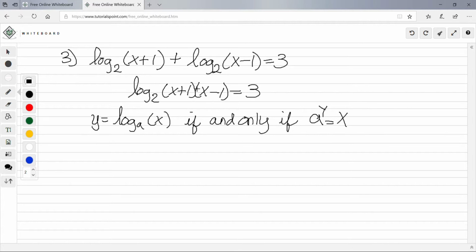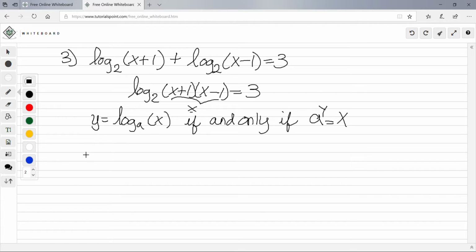So let's look at this equation. We have log base 2 times x plus 1 times x minus 1 equals 3. I agree that this is in this form because we have a y, which is our 3, and then we have a base, which is 2, and then this whole thing is called our x. So if we have it like this, now we can put it in this form.